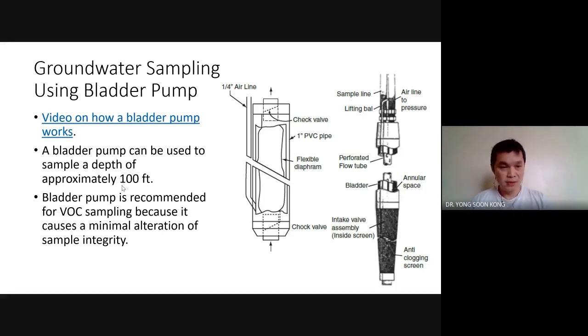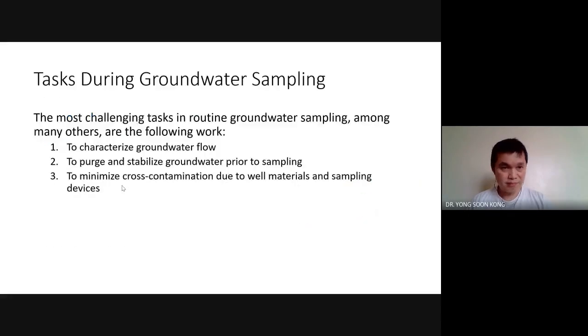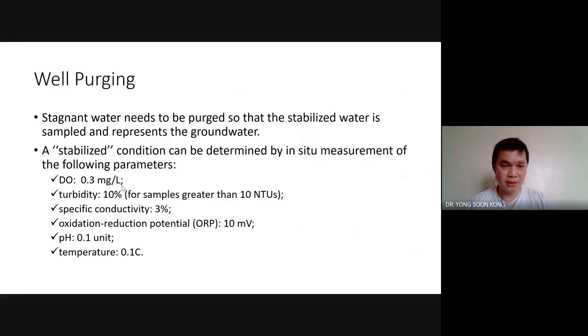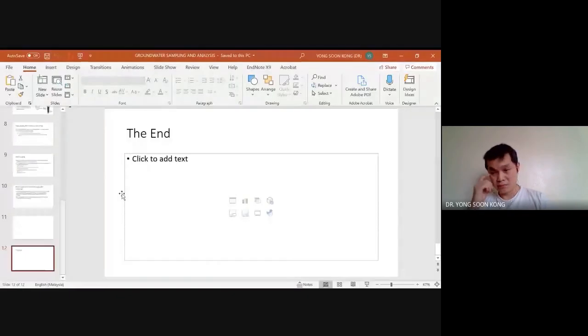So that is the instrument that you need to know. So just three, and then the rest of it, once you have your sample, just bring it back, fill in the chain of custody form, and yeah, that should be it.